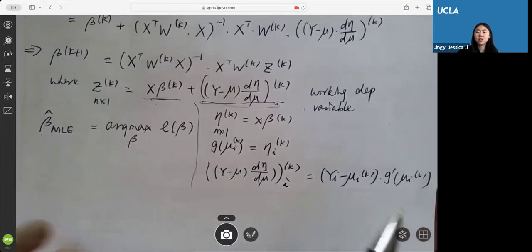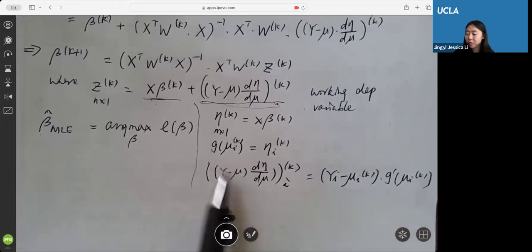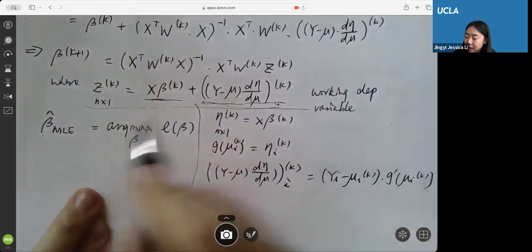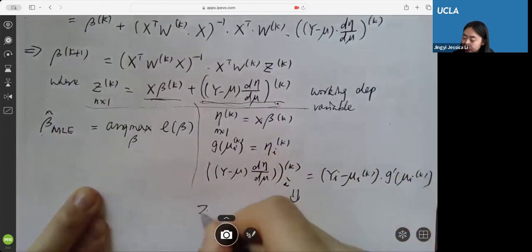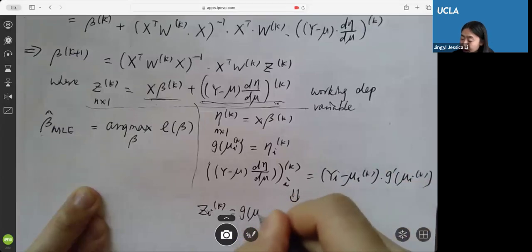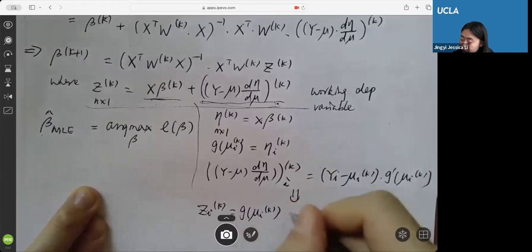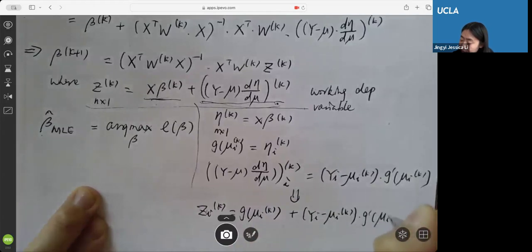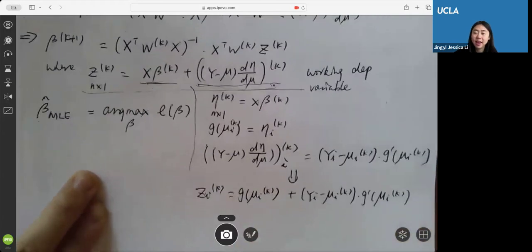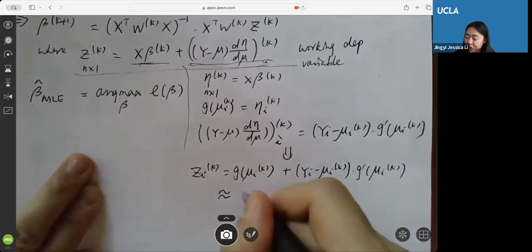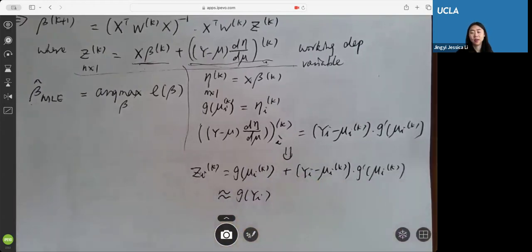So putting this together, zik equals g of mu ik plus yi minus mu ik times g prime of mu ik. Okay? And this is the first order Taylor expansion of g of yi. That's what we have.